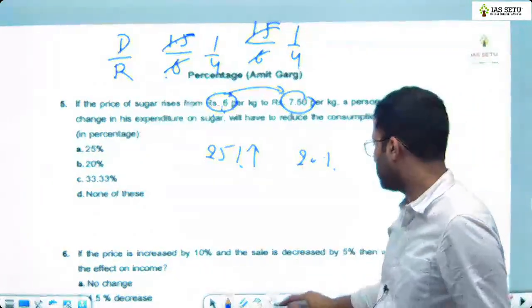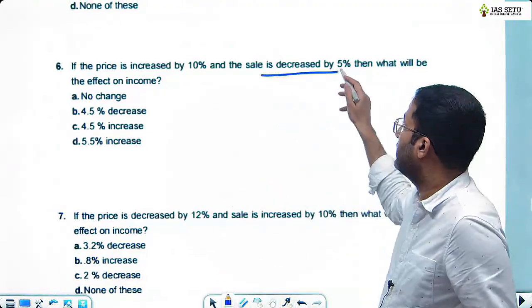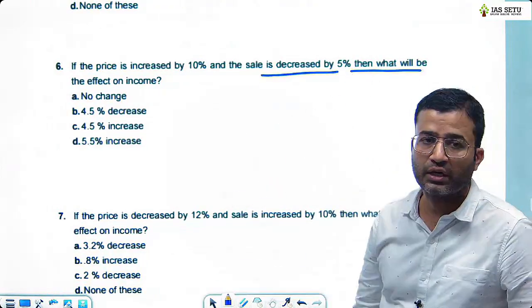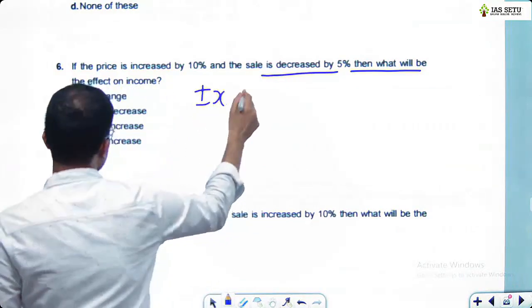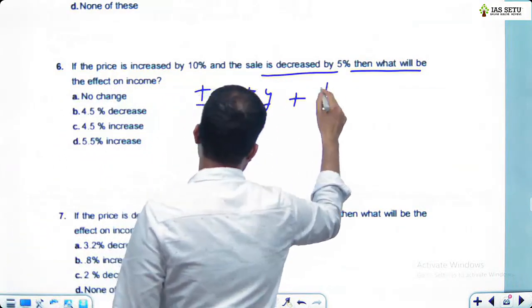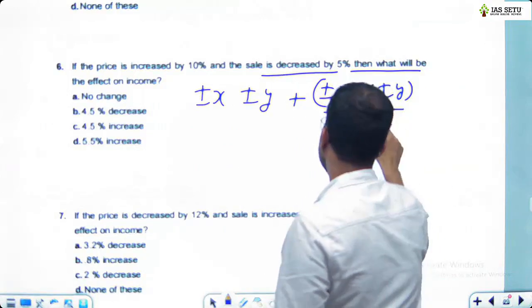Question number 6. This is easy. The price increased by 10%, sale decreased by 5%. What will be the effect on income? Either you can use the formula plus minus x plus minus y plus minus x into plus minus y upon 100%.